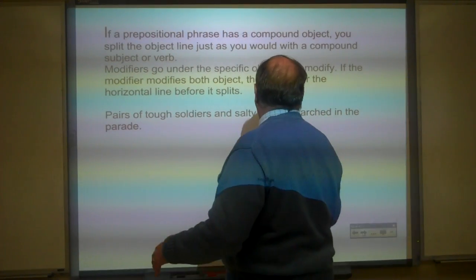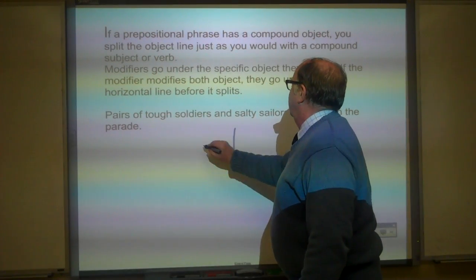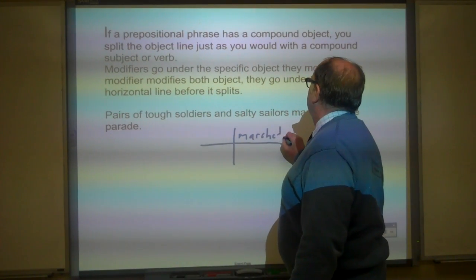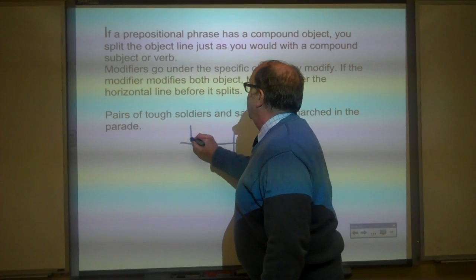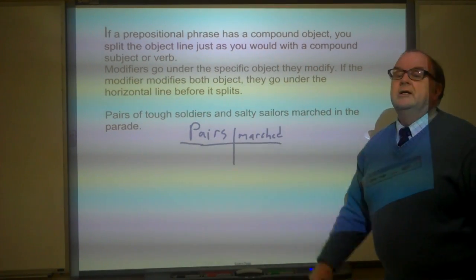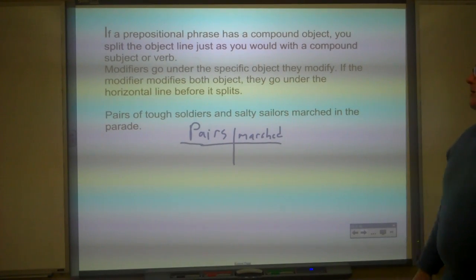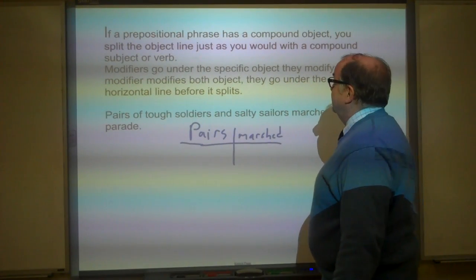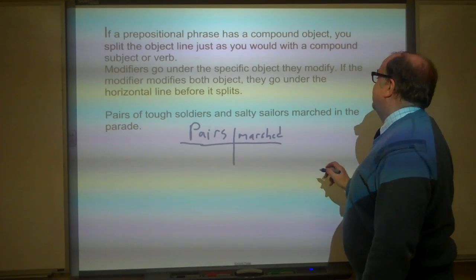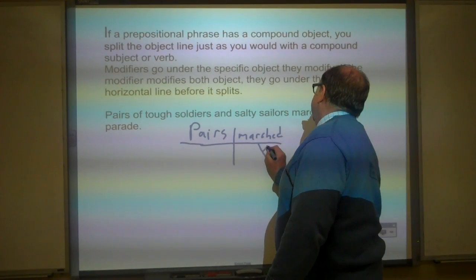So the verb is marched. The subject is pairs. Remember, soldiers and sailors are both objects of the preposition of, so they're not the subject. In the parade, we'll do that one first because that one's obvious.